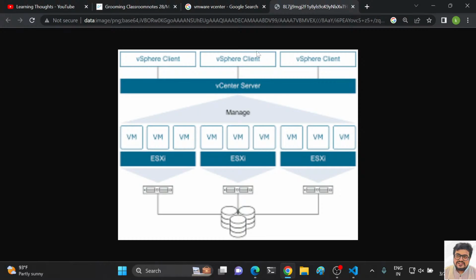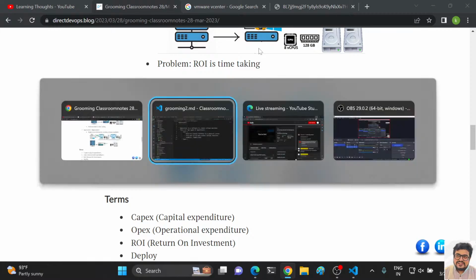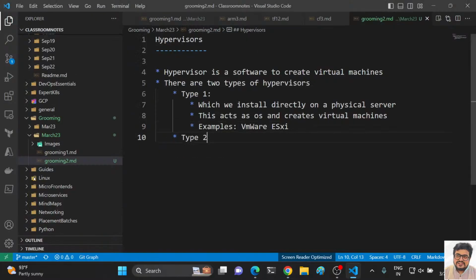You can create them from vSphere. This is what VMware admins do. If you are a VMware administrator, your day job will mostly be with the vSphere client, which connects to vCenter and speaks with ESXi. That is not the agenda of our discussion, but that is the type 1 hypervisor. Now let us try to speak about type 2.